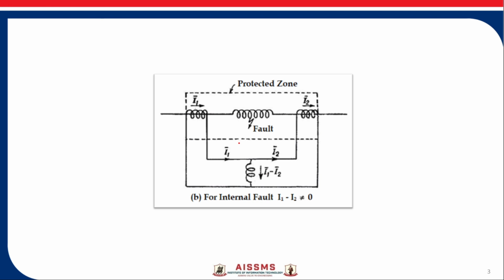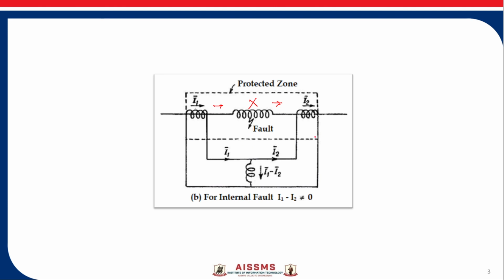Now let us observe this diagram. Here an internal fault occurs on this winding X. Now due to this fault, the balance is disturbed. So when a fault occurs in the protected zone, the current entering the protected winding is no more equal to the current leaving the winding, because some current flows through the fault.